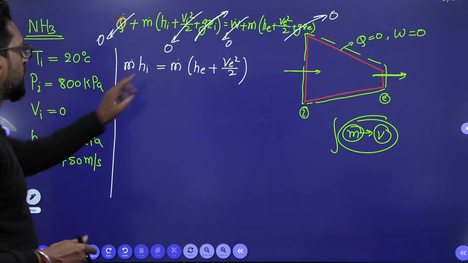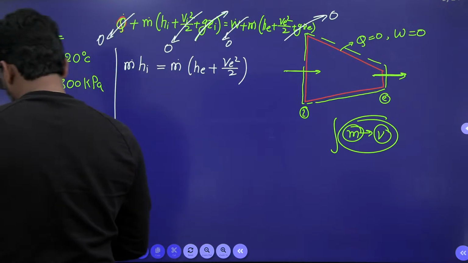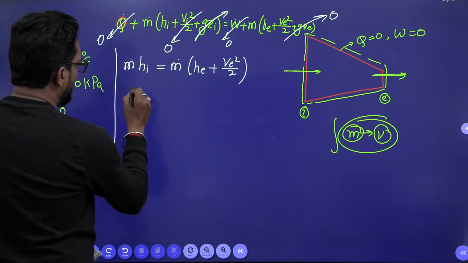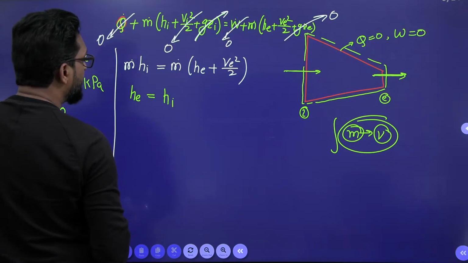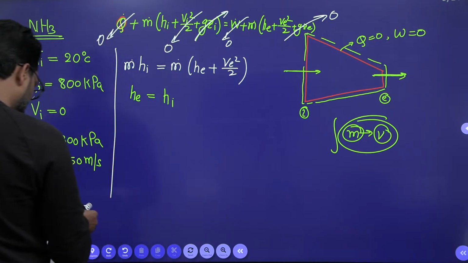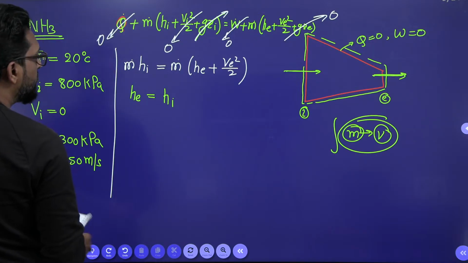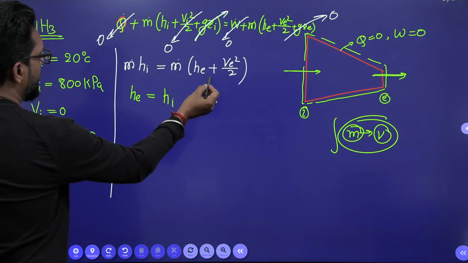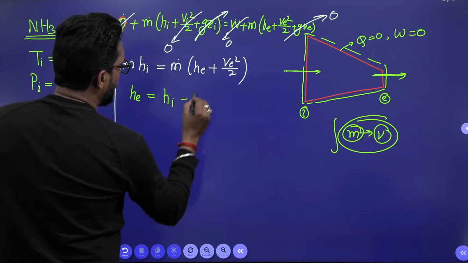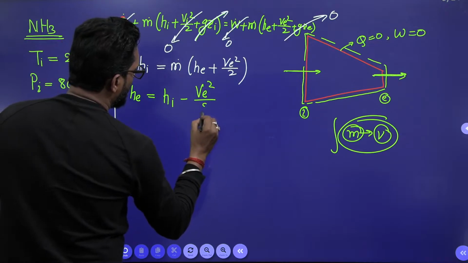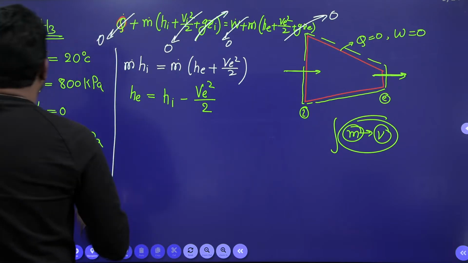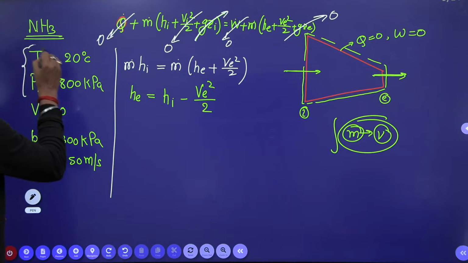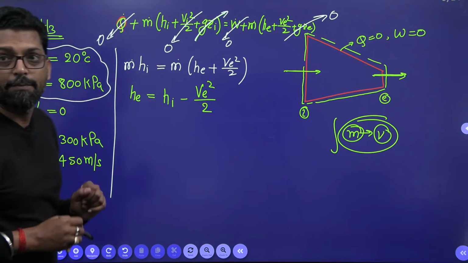Now we have to go through that. So what is that? He is equal to Hi minus Ve square upon 2. So from here, where do we find Hi? From the pressure and temperature conditions, which are given.